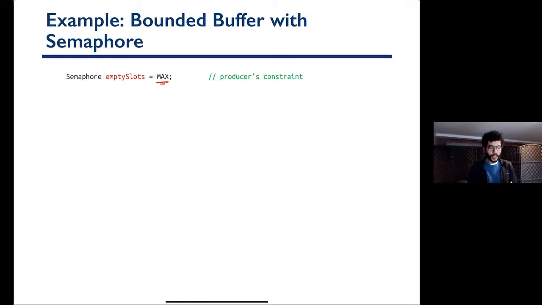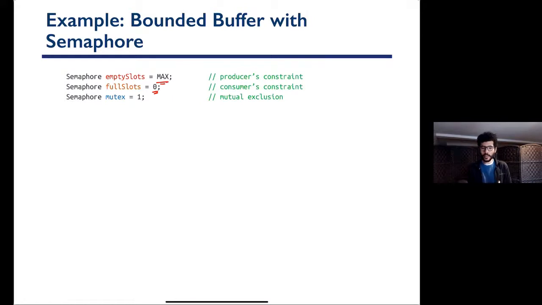For the consumers, initially your buffer is empty, so you want them to wait if they want to consume something. So we're going to initialize the full slots to 0 because initially we don't have any full slots. And for mutual exclusion, anybody who wants to modify the state of the buffer, we want mutual exclusion.